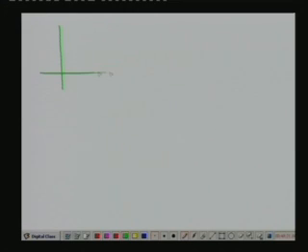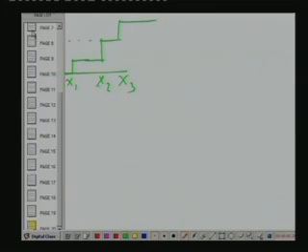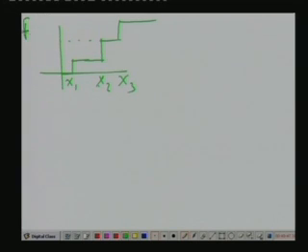Let us once again draw a function like this, x1, x2, x3 and things like this. This for the probability distribution function. Corresponding px should be like this.